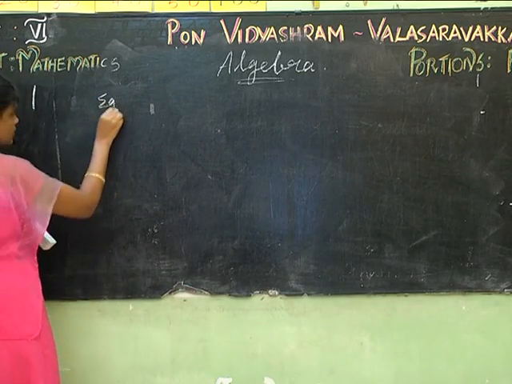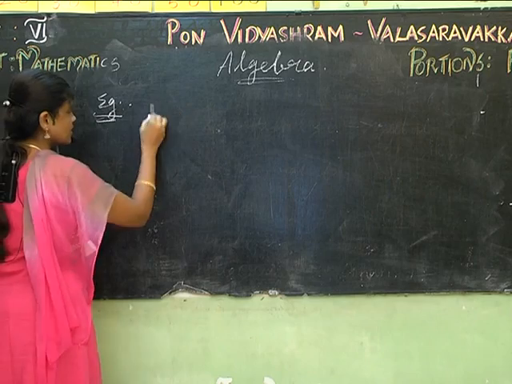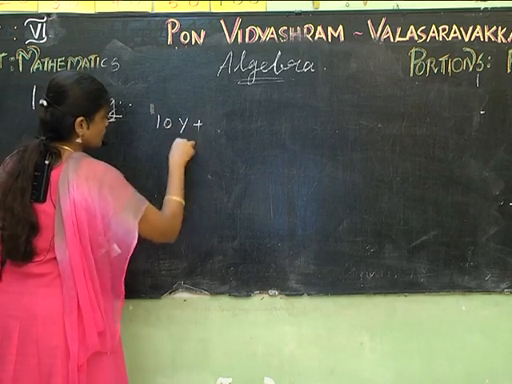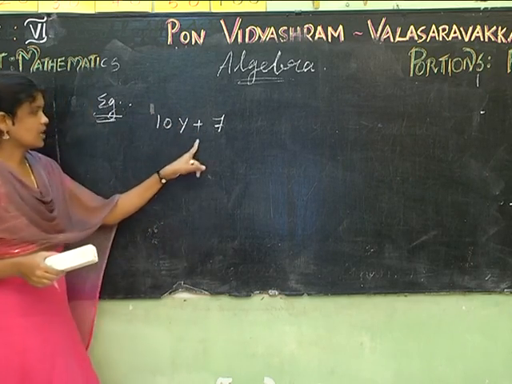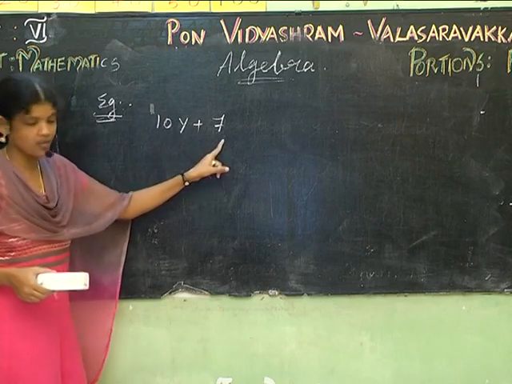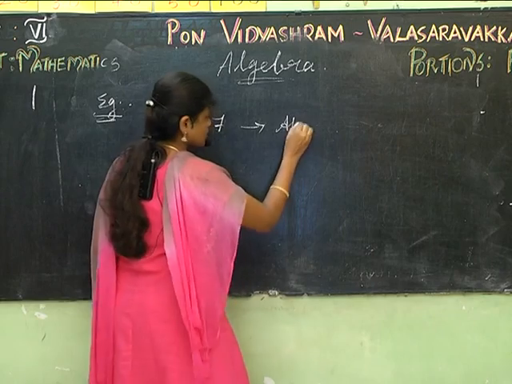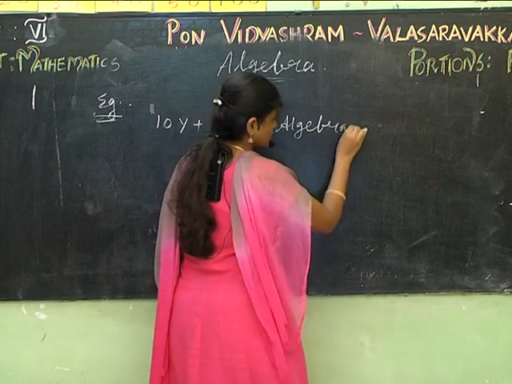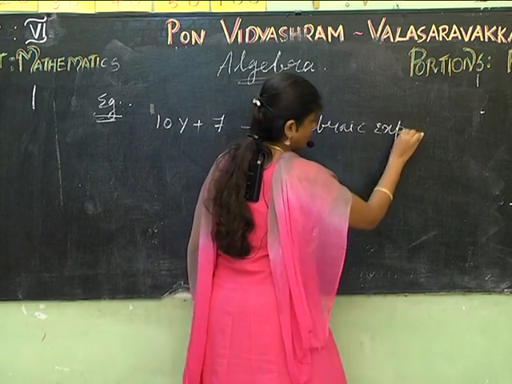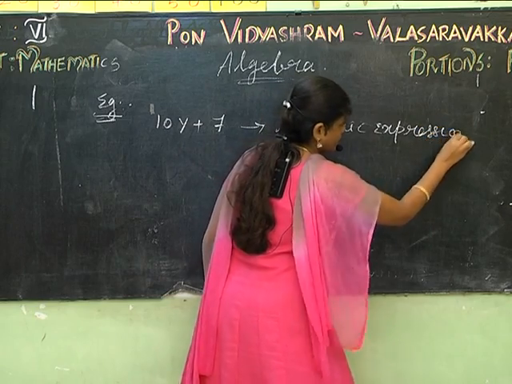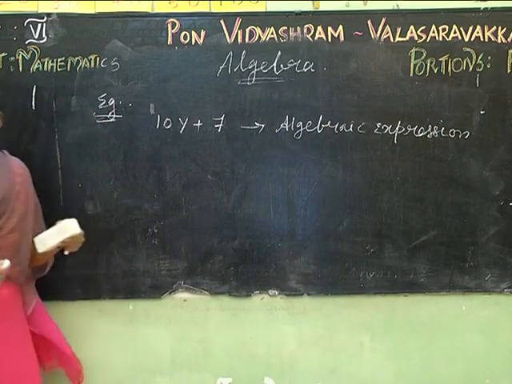Another example. Now I am given 10y plus 7. What is this? It is an algebraic expression. Now you have to convert this into a verbal expression.